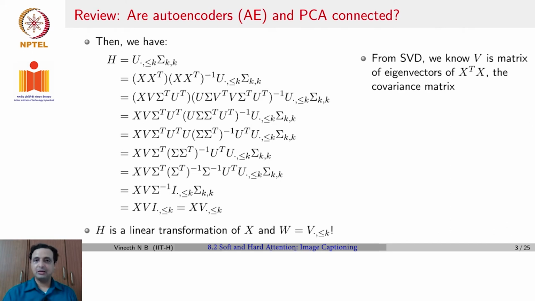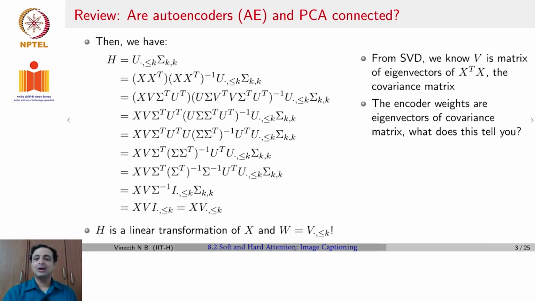From SVD, we know that given a matrix X and its SVD U sigma V transpose, we know that V is a matrix of eigenvectors of X transpose X. Go back and see the assignment 0 in the course and refresh the basics if you're not aware of this.